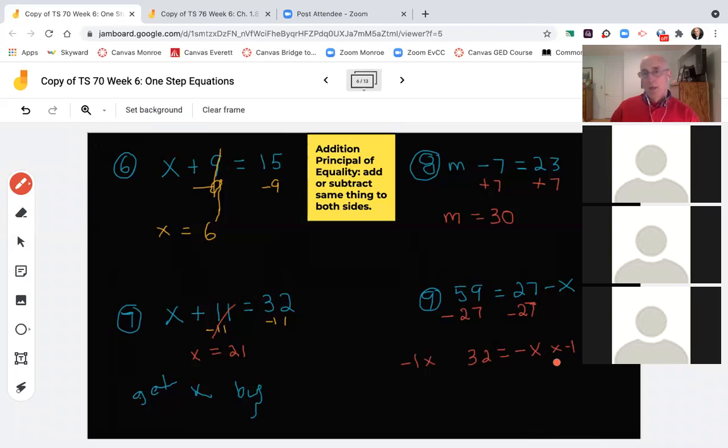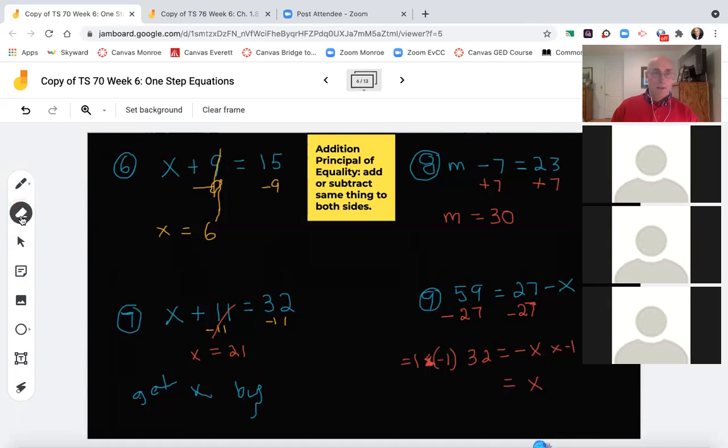So what I did is I did the same to both sides. To this side, I multiplied -1. So these two negatives cancel out. And so I get just x equals, and now I have a negative. So let me write this -1 like this times it, okay?